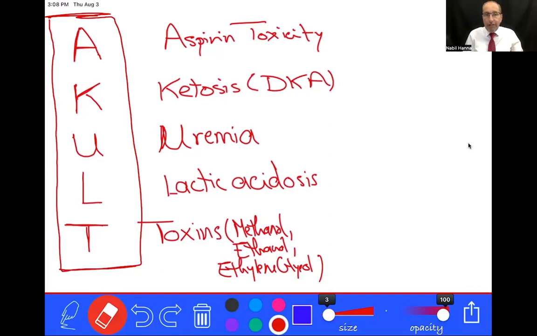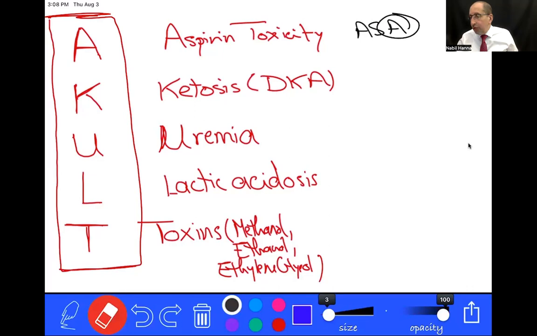All of them represent conditions where some pathologic acids, acids that do not normally exist in the body, for pathological reasons, accumulate in the body. Like what? Aspirin toxicity. What's the acid here? It's acetylsalicylic acid. Someone ingests a whole bottle of aspirin. That's a lot of acetylsalicylic acid in the circulation.